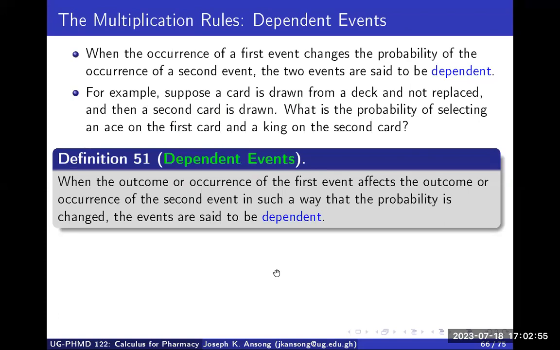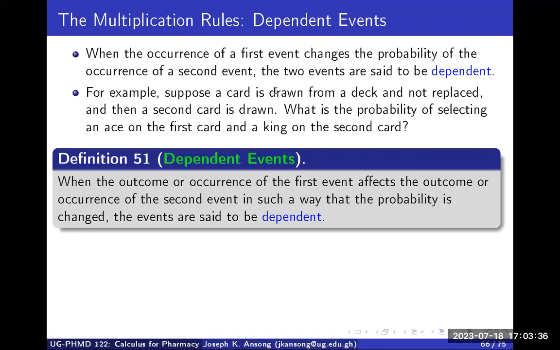Now, when the occurrence of the first event changes the probability of the occurrence of the second event, then the 2 events are said to be dependent on each other, right? The events are dependent because one affects the other. So suppose you draw a card from a deck, and you don't replace it, and then you draw a second card. The probability of the second card will depend on the first event because the number of cards has now reduced from 52 to 51.